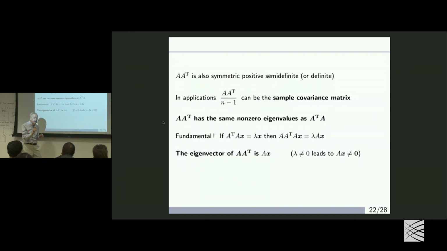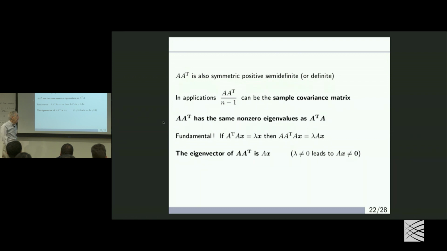And more than that, it doesn't have any negative eigenvalues. It's a terrific matrix, except for the fact that I don't want to compute it. Sorry, I have to be truthful here. So if A is a big matrix, multiplying A transpose times A is like, don't do it. You want to do it in theory, but you don't want to do it in reality. So for now, it's theory here.